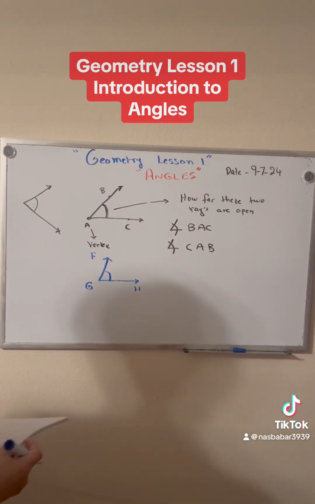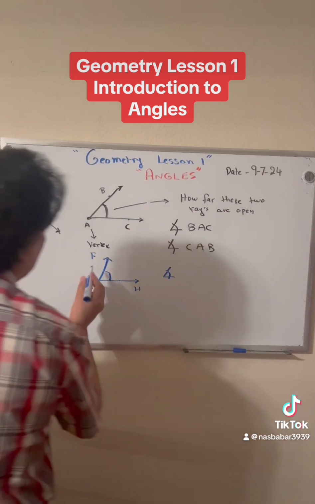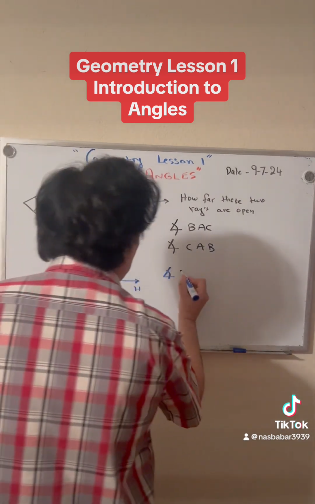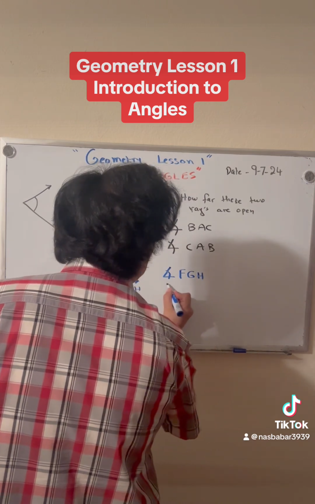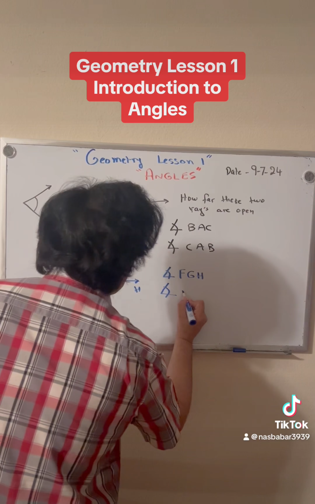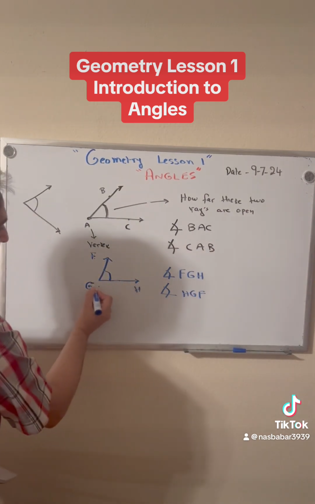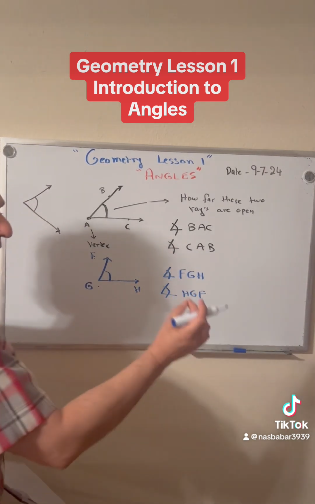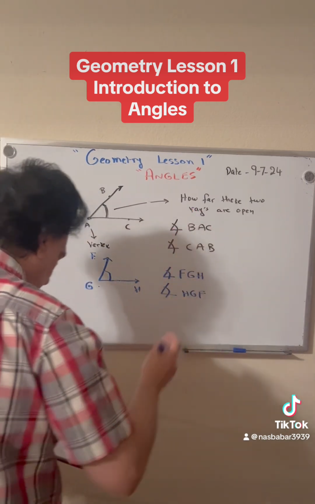Pretty straightforward, just like I showed you earlier: F, G, H. The vertex has to come in the middle. Remember that. I can also write this as H, G, F, but the vertex always stays in the middle. In the earlier case also, the vertex, which is A, stays in the middle.